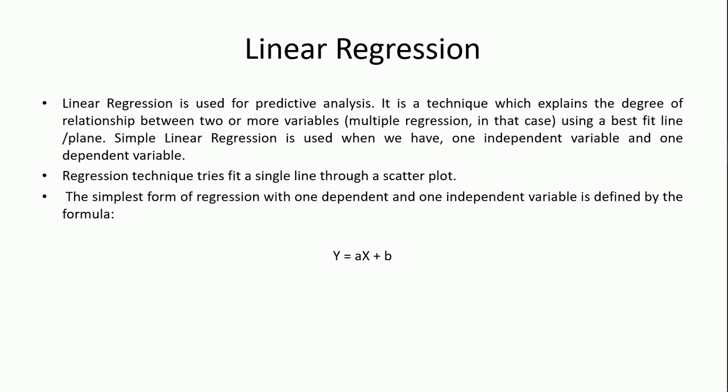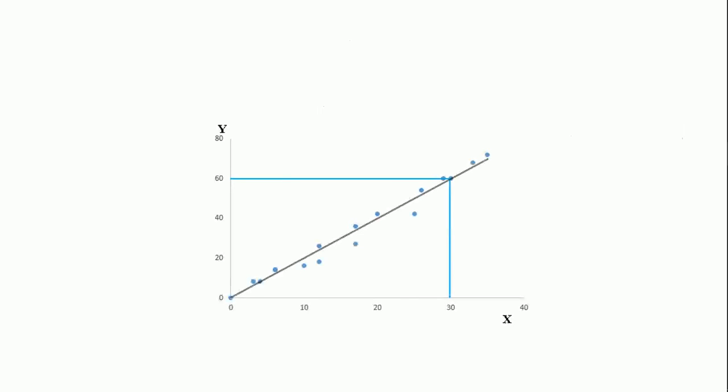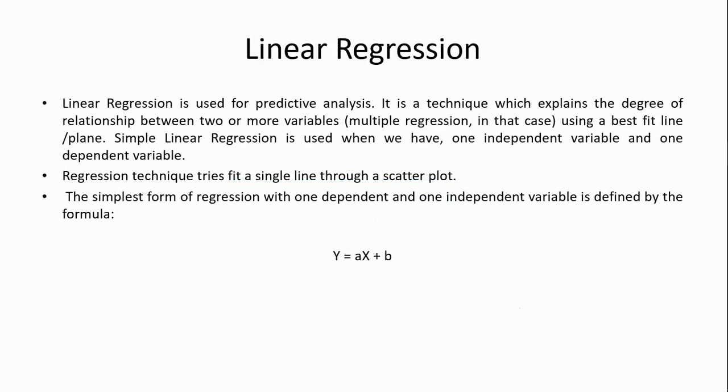The simplest form of regression can be defined by the formula y = ax + b, where y is our target variable, a is the slope of the line which is shown in this graph, and b is the y-intercept the line makes on that graph.